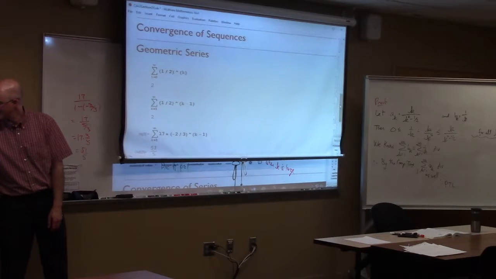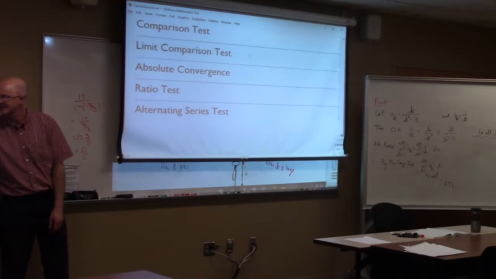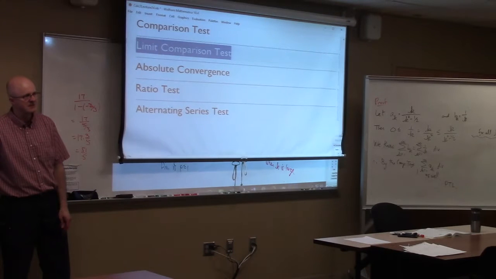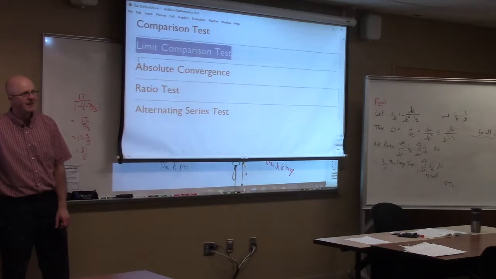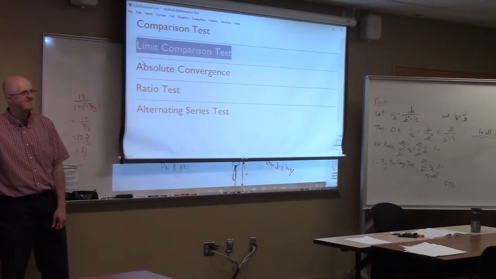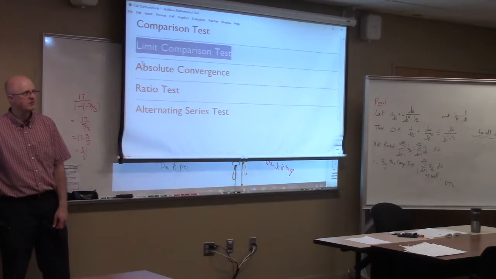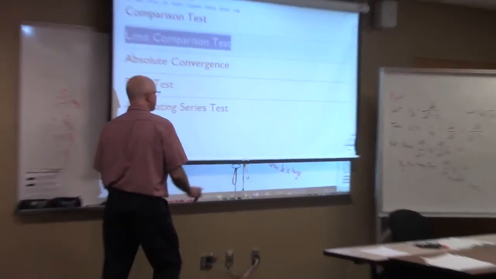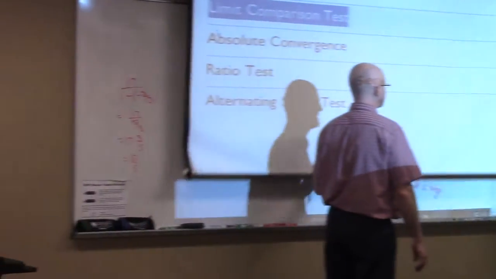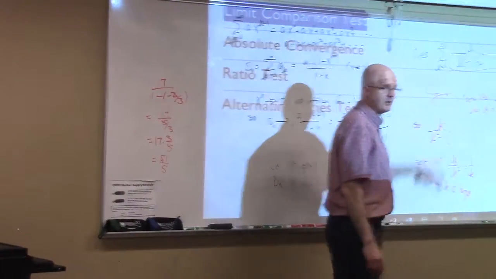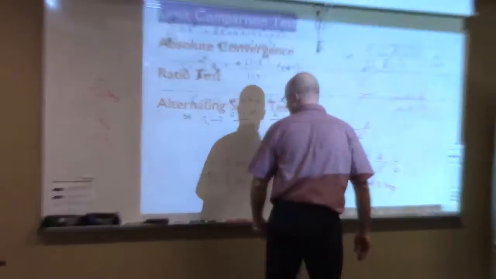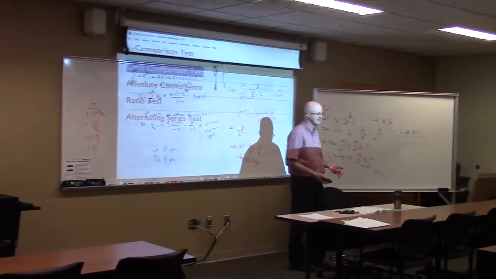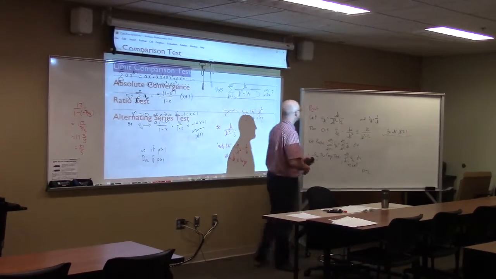There's another test called the limit comparison test, which is a little less tricky in some circumstances, and can be used to prove convergence or divergence as well. When you do the problems using this limit comparison test, I do want you to do them as proofs as well. So the two kinds of proofs I want you to do are for the comparison test and the limit comparison test.